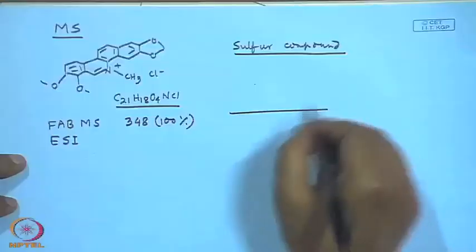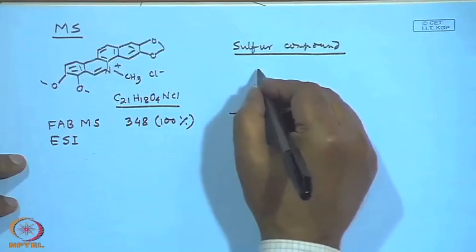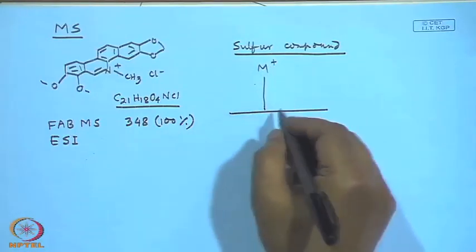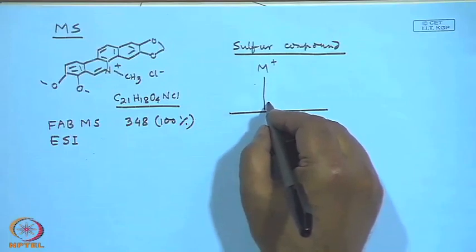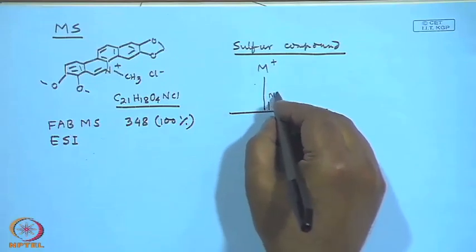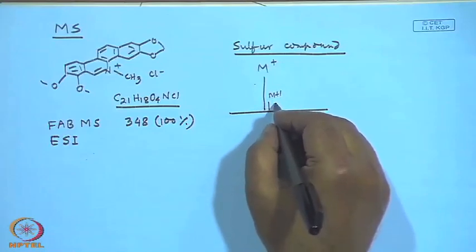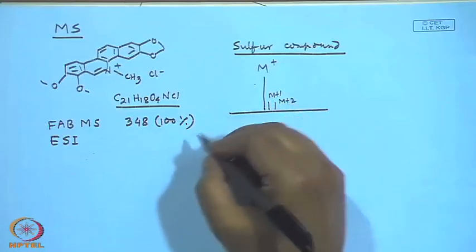But for us, organic chemists, actually the most useful is mass. If you have a record here of mass, let us say this is M, a peak for M plus, the molecular ion peak. Immediately after, you see M plus 1, and then M plus 2.